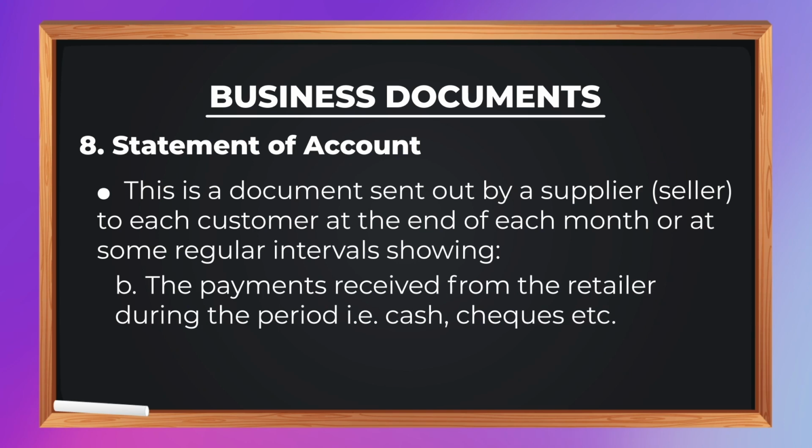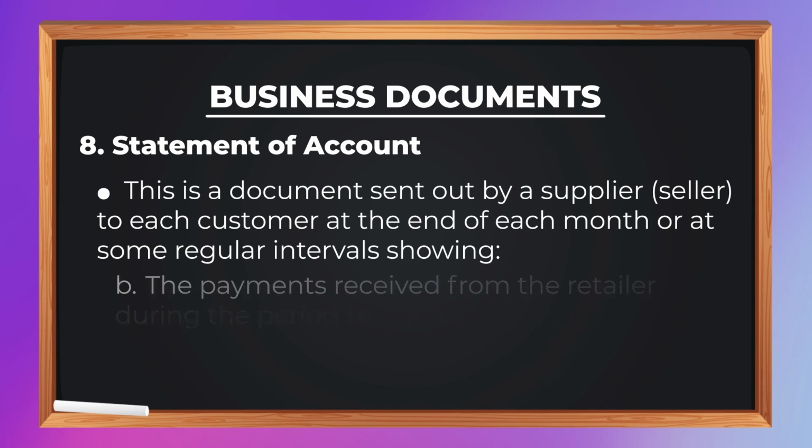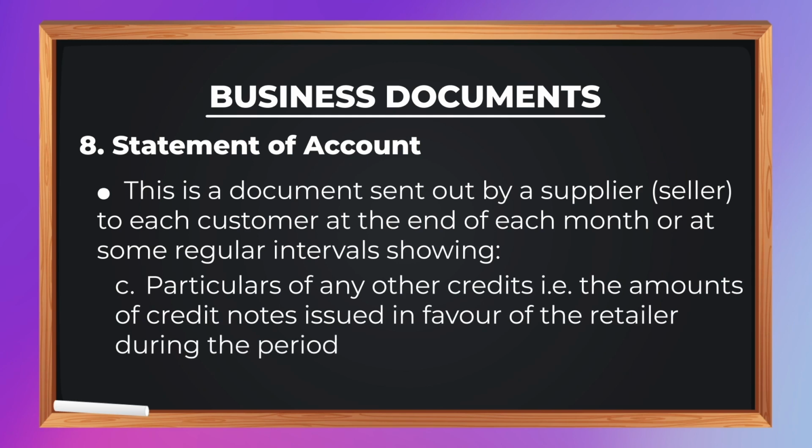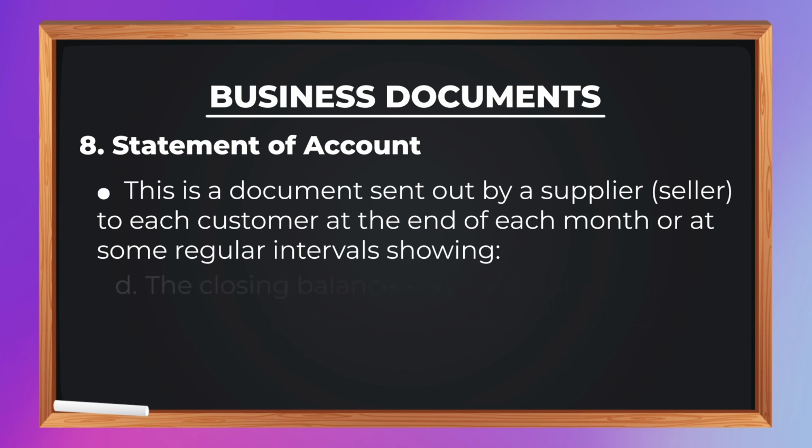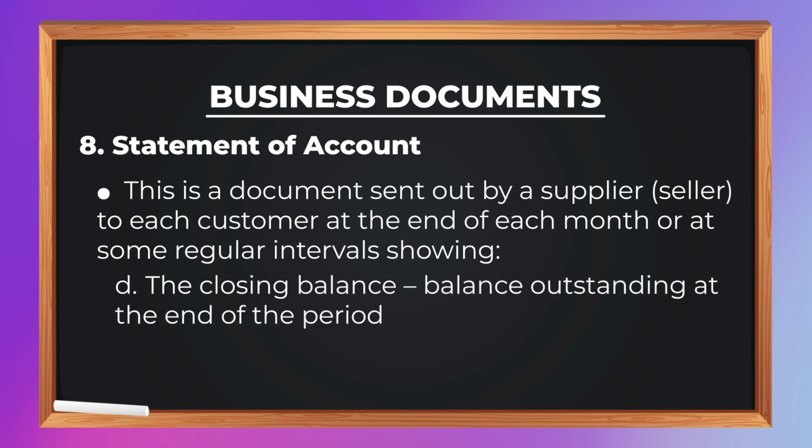That is, purchases, invoices and their reference number, and all payments that were made by the buyer to the seller. It also includes all transactions and movements such as debit notes and credit notes. And it is ended with a balance carried down. That is the financial position of the buyer at the end of the period.